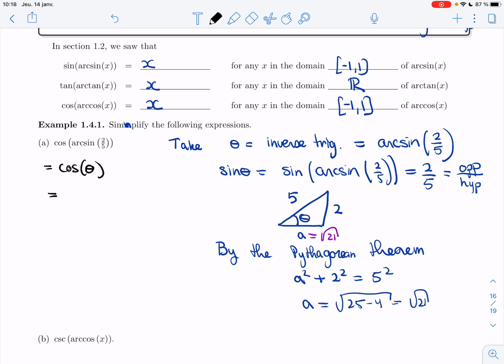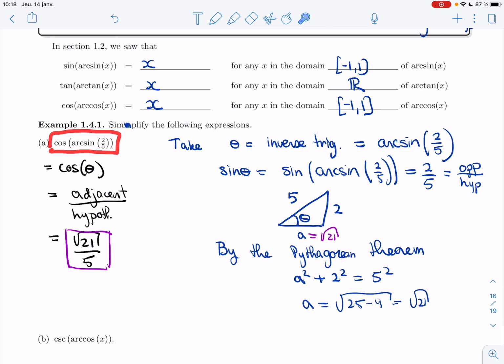SOHCAHTOA, so cosine is adjacent over hypotenuse. And so adjacent is root of 21, hypotenuse is 5. All right, so cosine of arcsine of 2 on 5 is root of 21 over 5.